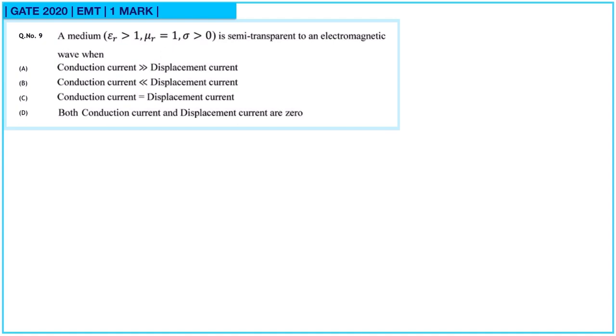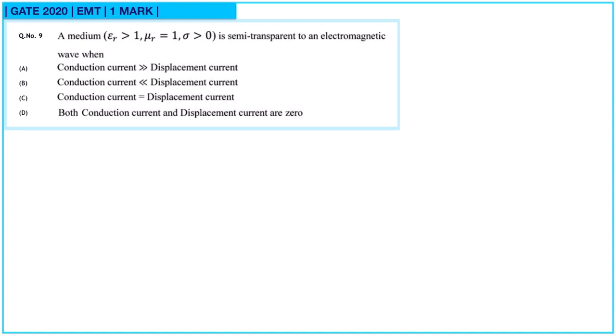Question number 9. A medium with epsilon r greater than 1, mu r equal to 1, sigma greater than 0 is semi-transparent to an electromagnetic wave. Then, here a conduction current and displacement current comparison is there.